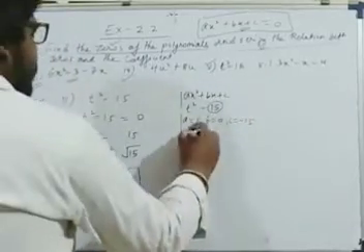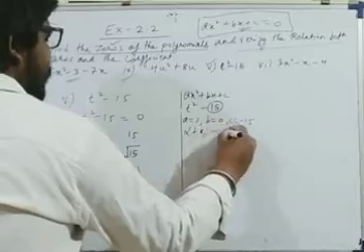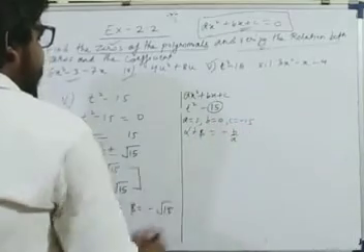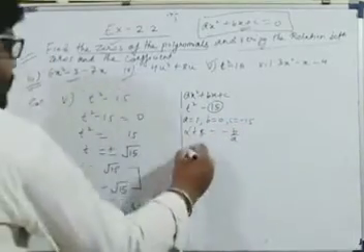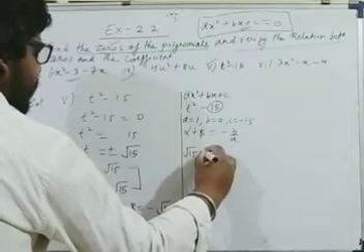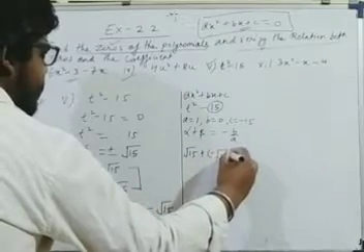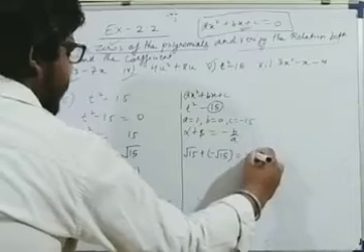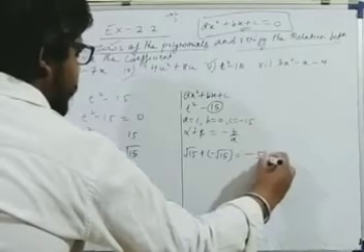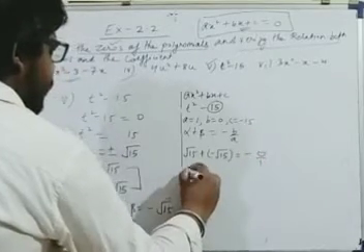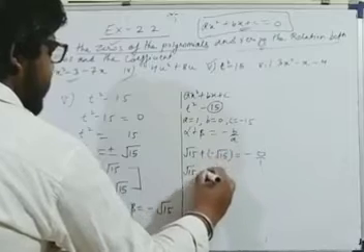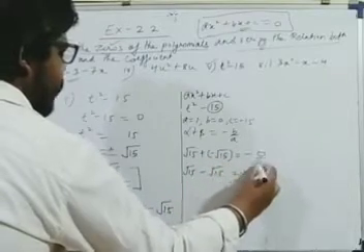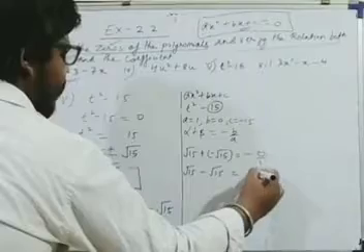Clear? Then the sum of zeros, alpha plus beta equals minus b by a. So alpha is root 50 plus beta is minus root 50, minus b is what? 0 upon a. So root 50 minus root 50, 0 by 1, 0.